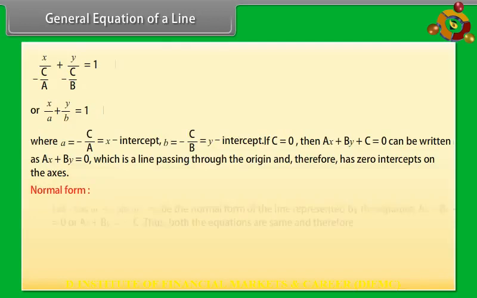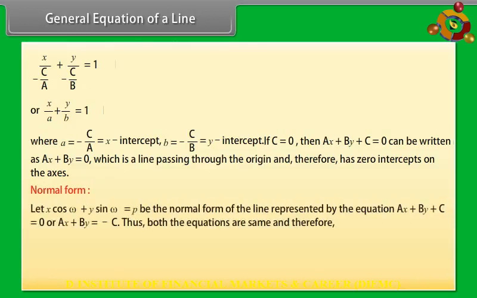Normal form. Let x cos omega + y sin omega = p be the normal form of the line represented by the equation ax + by + c = 0, or ax + by = -c.